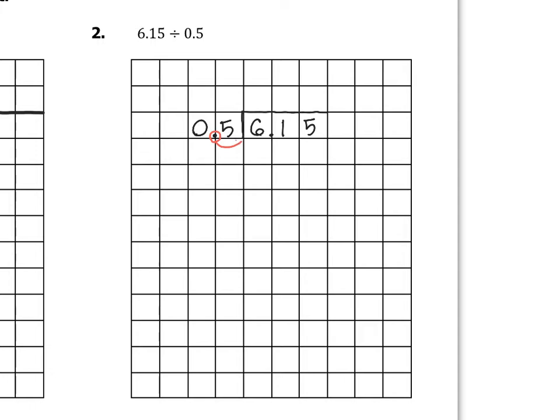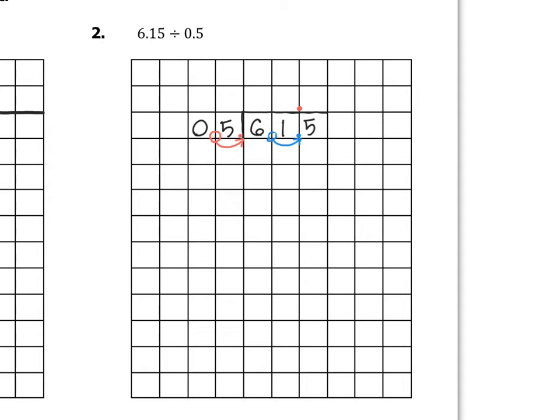In this case, I only have to move it one space. So now I'll do the same thing in my dividend. I'll move that decimal point one place to the right, and so now it is in between 1 and 5. So now, in my quotient, I'm going to place my decimal point directly above that decimal point that I moved.